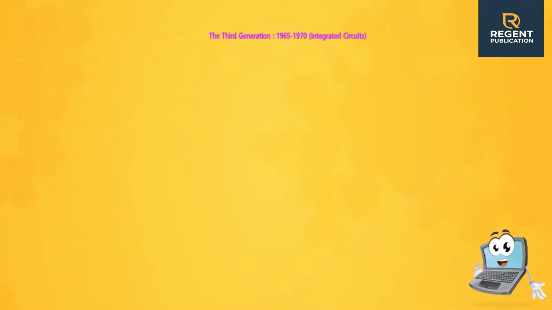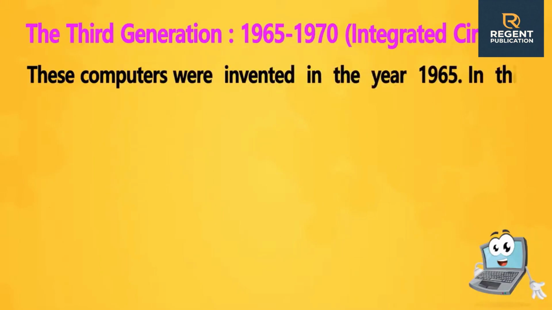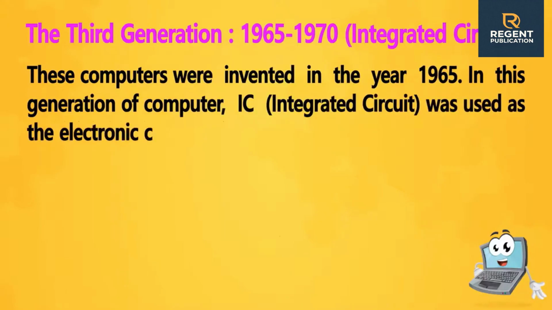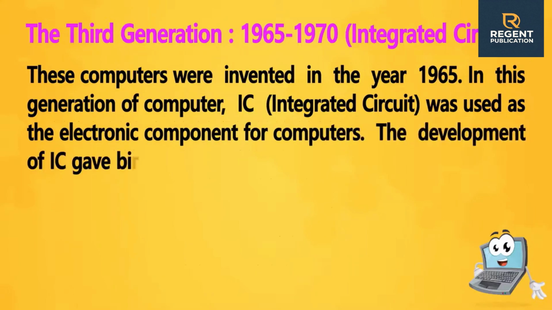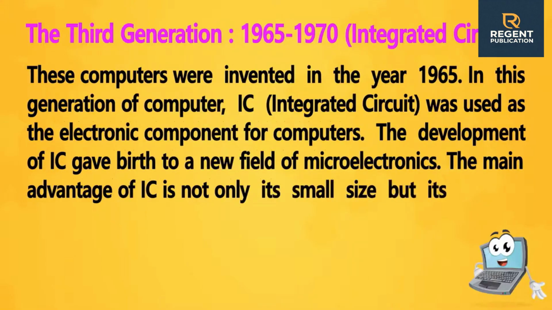Third generation, 1965-1970, integrated circuits. These computers were invented in the year 1965. In this generation of computers, the IC, integrated circuit, was used as the electronic component. The development of the IC gave birth to a new field of microelectronics.